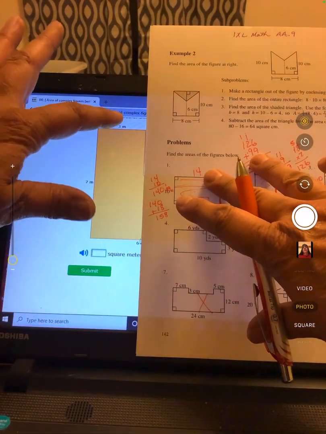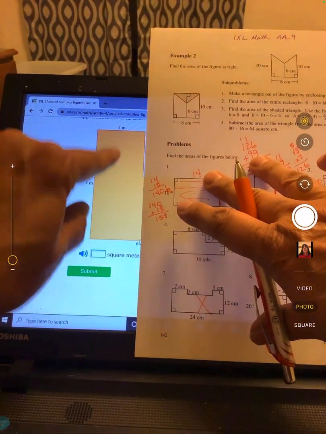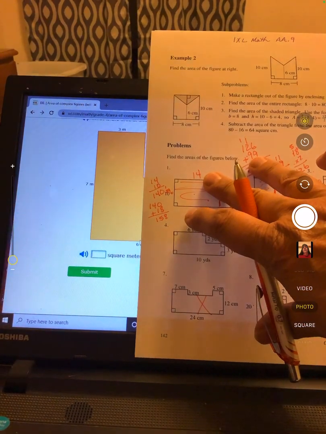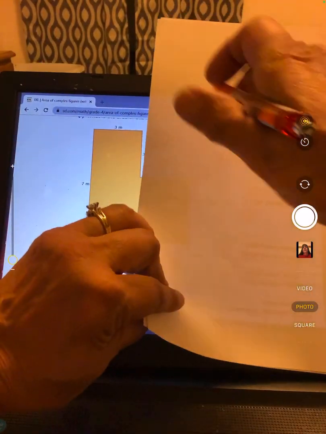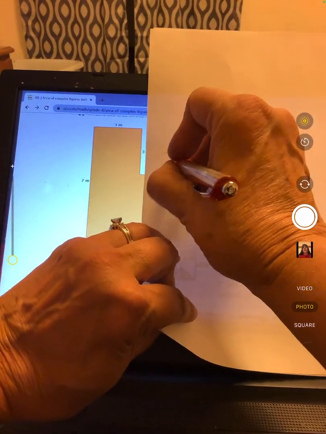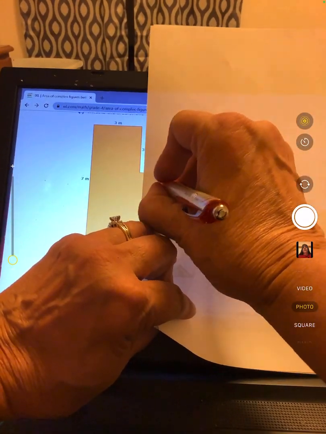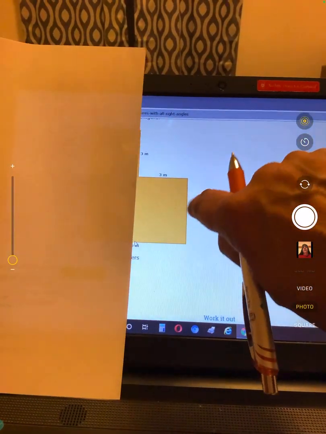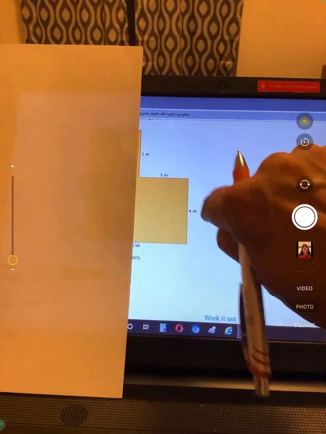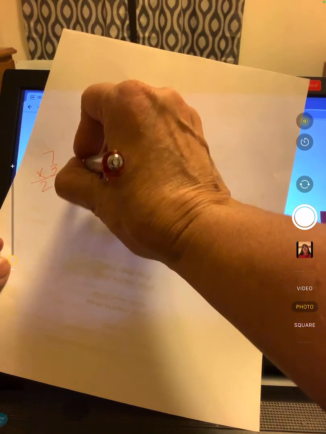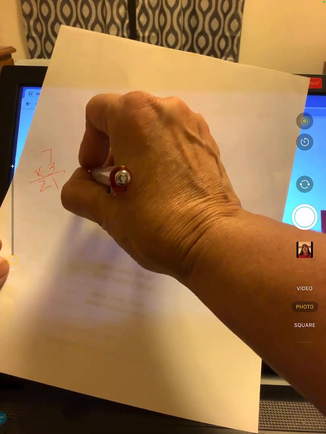Now I have a rectangle that's 3 centimeters by 7 centimeters. So 7 times 3 is 21. Now let's do this side. This is 3 times 4. 3 times 4 is 12.